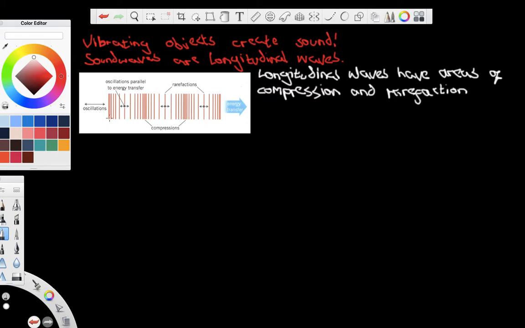So we have areas of compression where the particles are squashed close together, and areas of rarefaction where the particles move further apart.